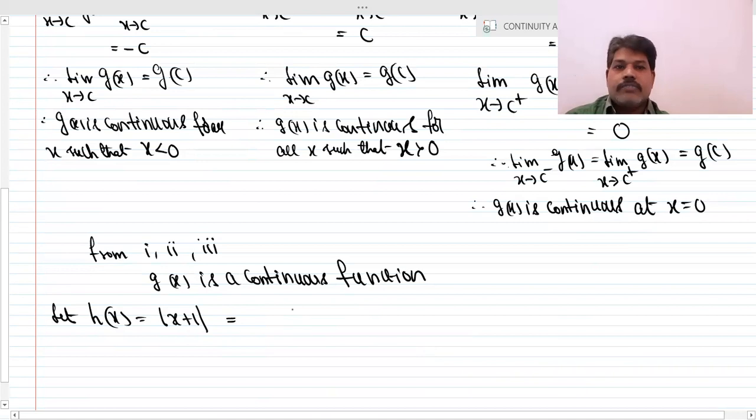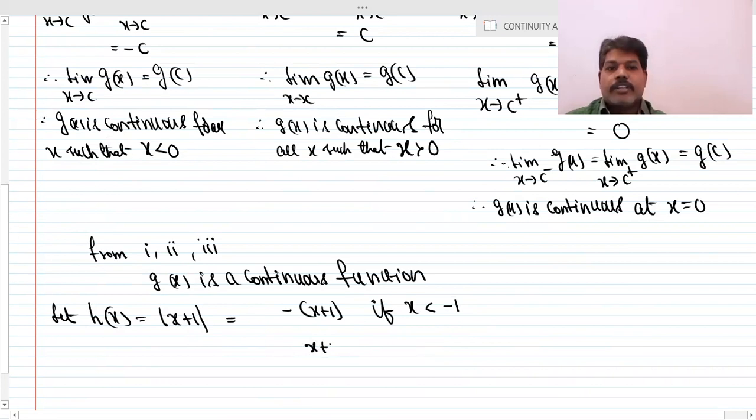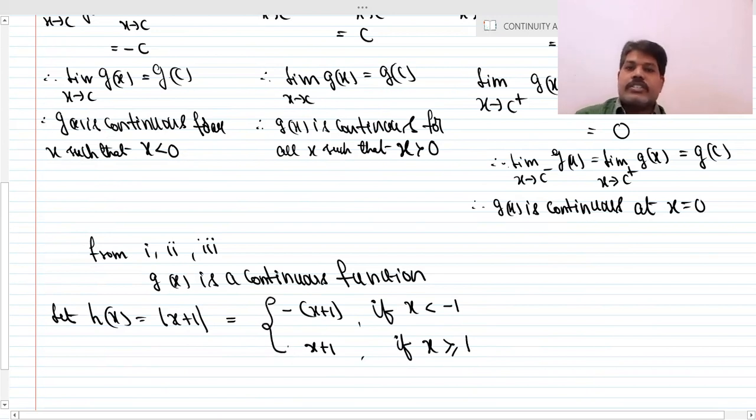This value is minus of x plus 1 if x is less than minus 1, and it becomes x plus 1 if x is greater than or equal to minus 1. So this function h of x is defined.